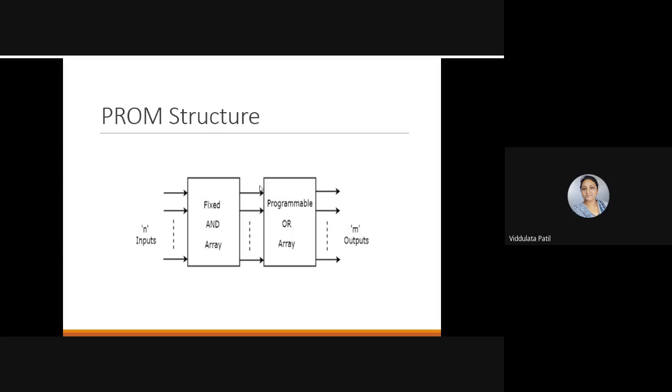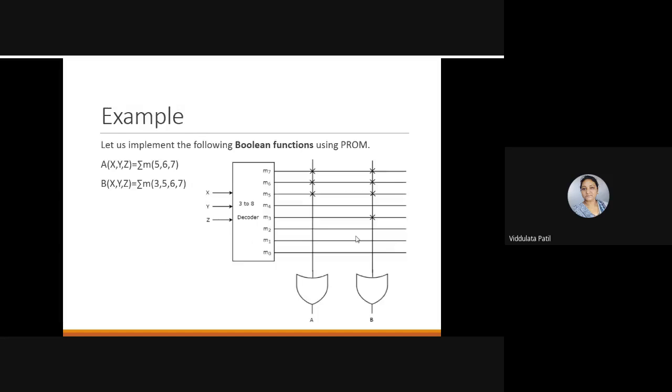As we can change the connections going to this OR array, depending on that we will get m outputs from this circuit or PLD. So let us have one example of this PROM.